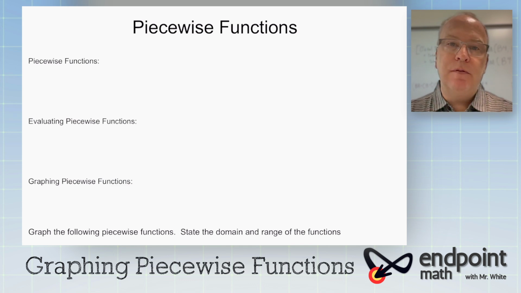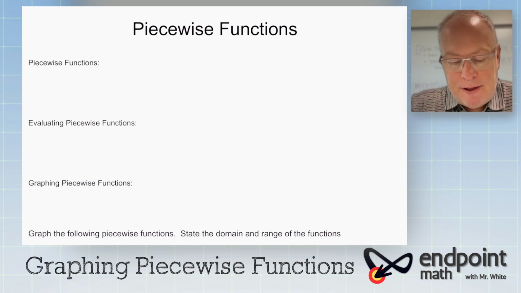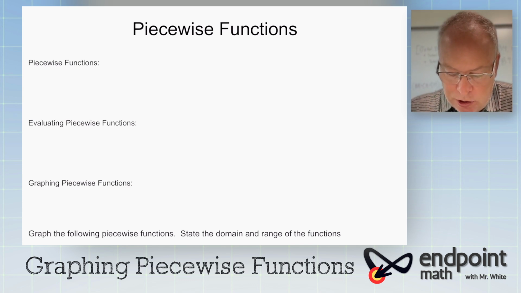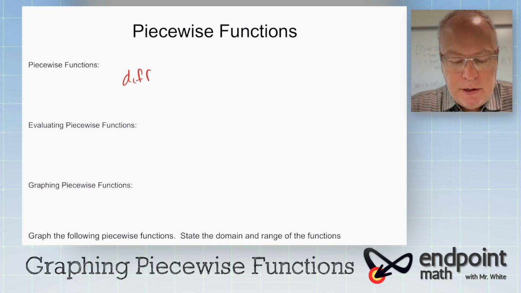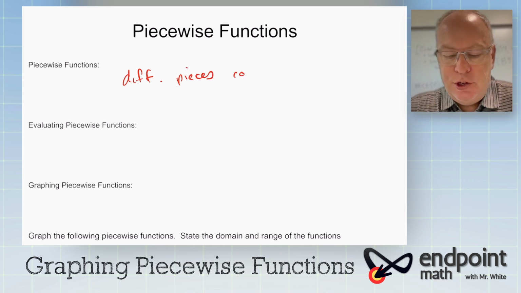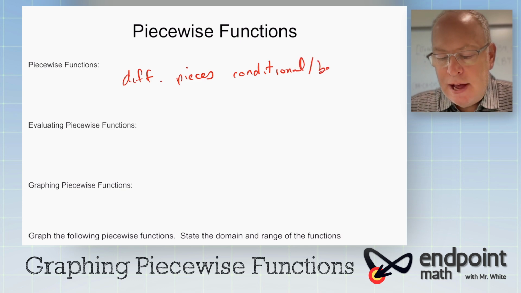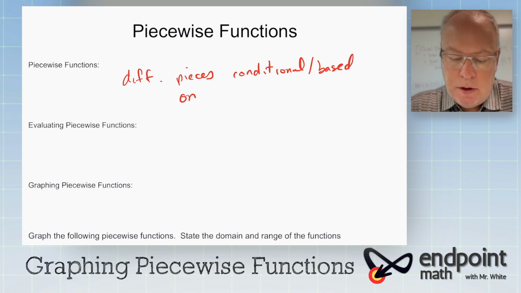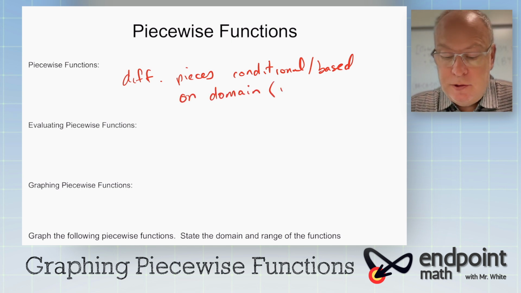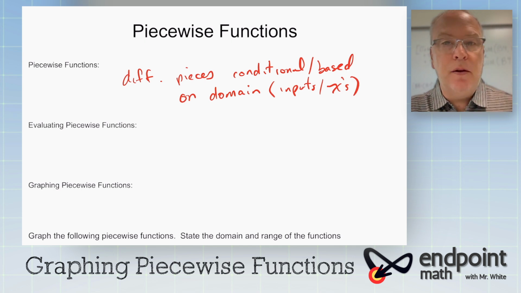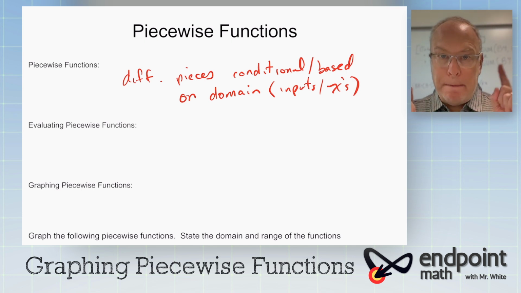So piecewise functions are where you have different, let's just call it pieces for now, so different pieces that are conditional or based on the domain, which is, of course, inputs, and it's x's. So depending on what x is going in, we look at different pieces.